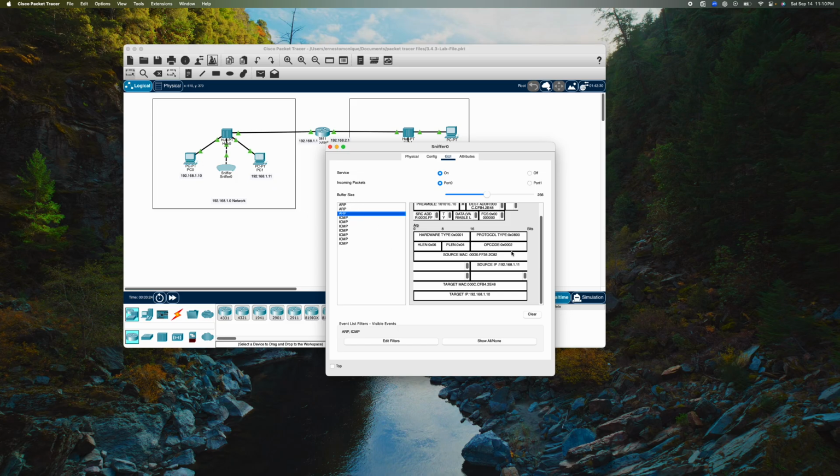All right. But here, whenever this PC is sending that message, from this point now we can see the MAC source of this computer, which is this one right here. We have the source IP and the source MAC.